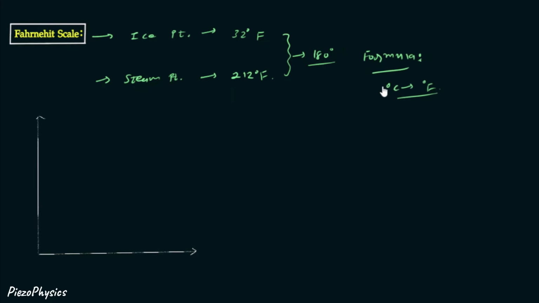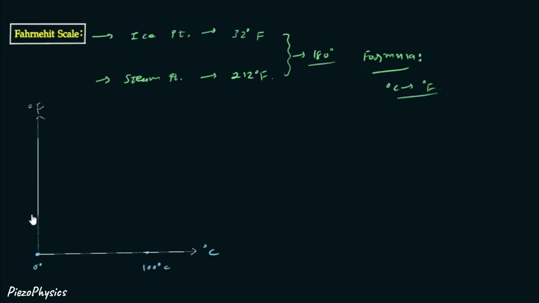To convert degrees Celsius to Fahrenheit, let us plot one graph in which on the y-axis we take degrees Fahrenheit, while on the x-axis we take degrees Celsius. Now on the Celsius scale we have the ice point at 0 degrees Celsius while the steam point is at 100 degrees Celsius.